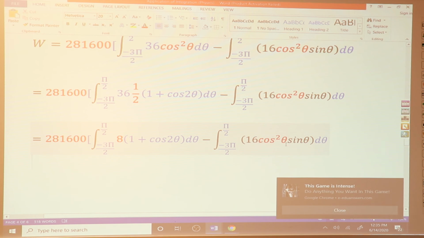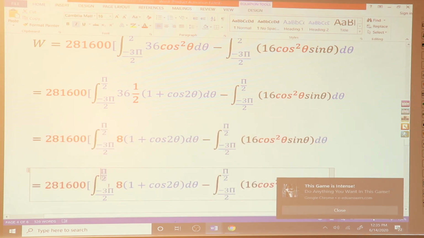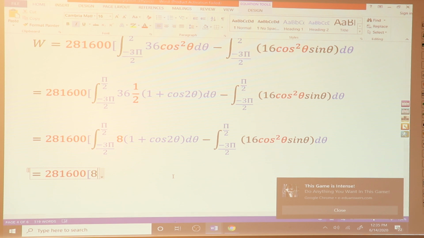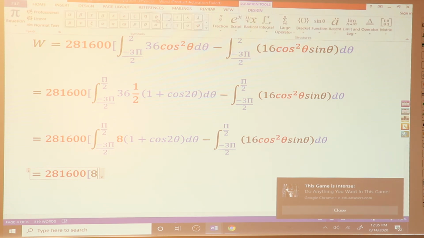And for this we're going to use a substitution for this integration. This is easy. This becomes the first integral. I'm going to take this guy. You're going to finish it. For the first one, this becomes 18 theta, plus the integration of cosine is what?